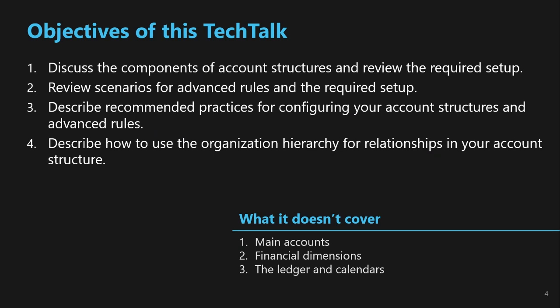I want to make sure that one of the things you take away from this are those recommended practices for configuring both your account structures and advanced rules. We're also going to be taking a look at how to use the organization hierarchy to create relationships in your account structure, which is just an alternative way to add those allowed combinations.